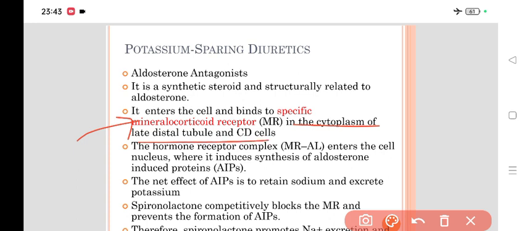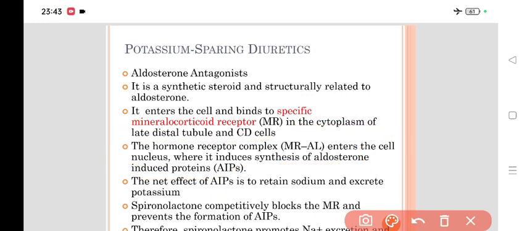Now there is a formation of the hormone receptor complex, that is the mineralocorticoid receptor and aldosterone. This hormone receptor complex enters the cell nucleus, and when it enters the nucleus, it induces the synthesis of aldosterone induced proteins, AIPs.